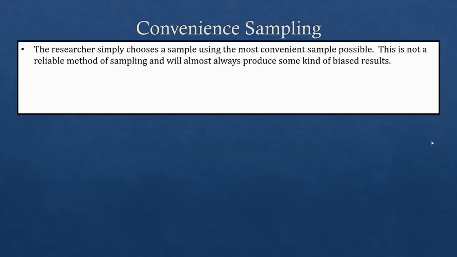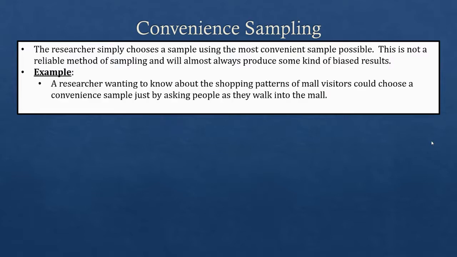So we got to be really careful. For example, a researcher wanting to know about the shopping patterns of mall visitors could choose a convenience sample just by asking people as they walk into the mall. So if you're just asking people that come in, there's nothing random about that.